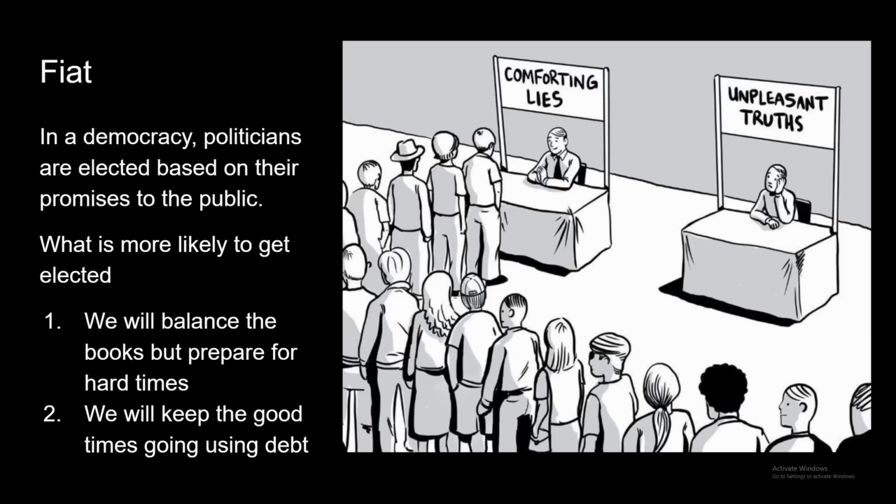Or the politician who says we're going to keep the good times going, we are going to grow the economy and we are going to make your lives easier, but we are going to do that using debt? Every single time, politician number 2 will be elected. And so the incentives and the game theory of fiat are to increase the levels of debt in the system, which inevitably leads to debasement.